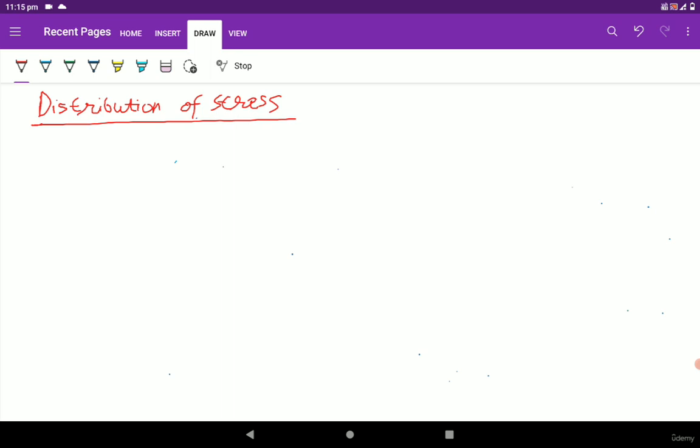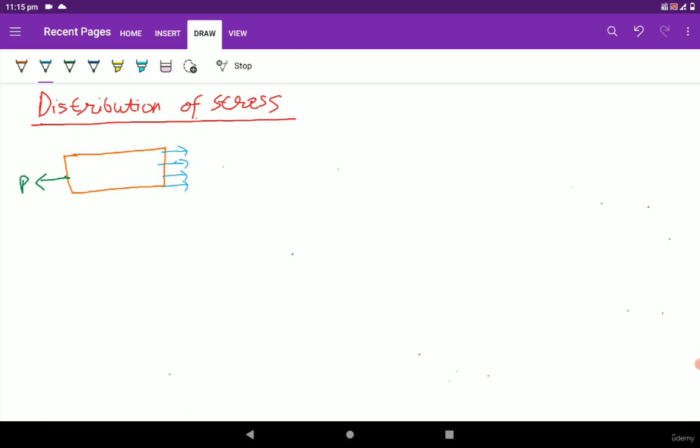So it looks something like this. This is the cut portion of the specimen on which the load P is applied, and this is the internal resistance to the applied load. So basically it shows the distribution.